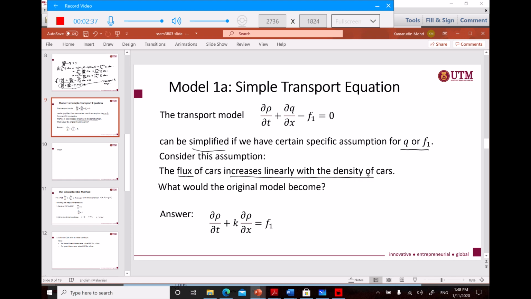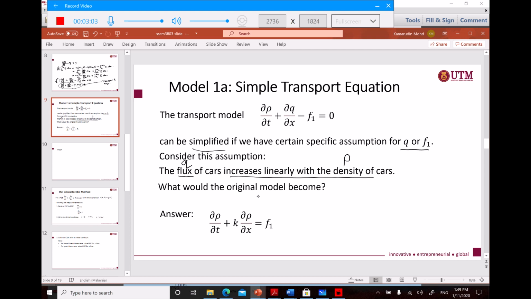So we try to relate it with the density rho. Density is rho, and flux is Q. So later the term Q can be written in terms of rho. So the dependent variable here will be reduced into one dependent variable only.